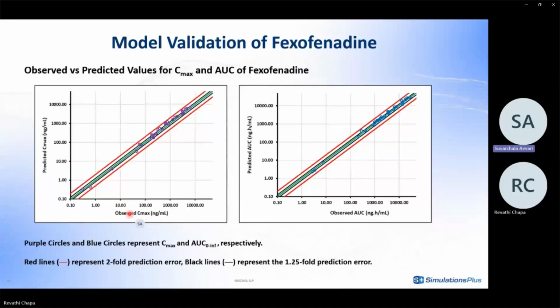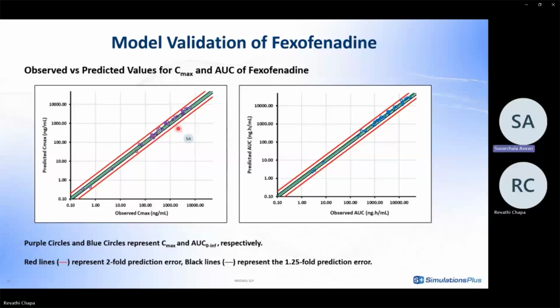What we have seen, we have compared the observed Cmax and AUCs to the predicted Cmax and AUCs, and here the purple circles and the blue circles represent the Cmax and AUCs. Red lines represent the two-fold error lines, black lines represent the 1.2-fold prediction errors, and the green line represents the unity.